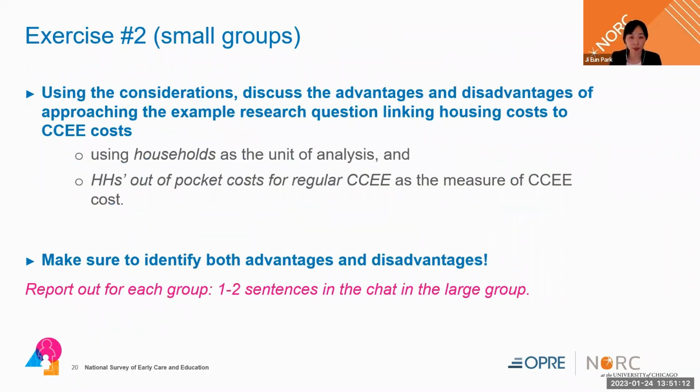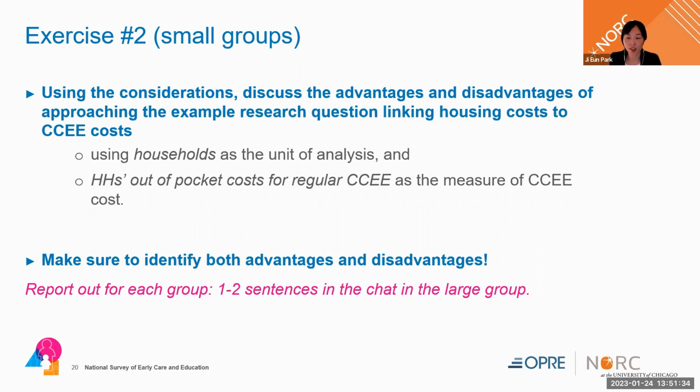So just like the first breakout session, we are going to be split into the same small groups that we were in previously. And we are going to discuss advantage and disadvantage of approaching the example research question of linking housing costs to CCE costs with these 2 characteristics.